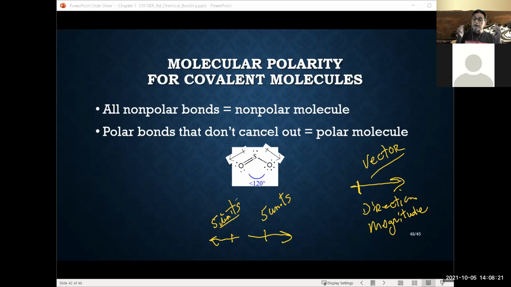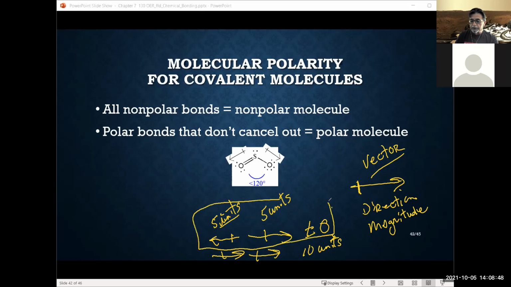The result is they cancel out mathematically. Both of these equal 0. If they were going in the same direction and each one's 5 units, then I end up with 10 units because they add cumulatively. But the main point is this: if they go in opposite directions, they cancel out.